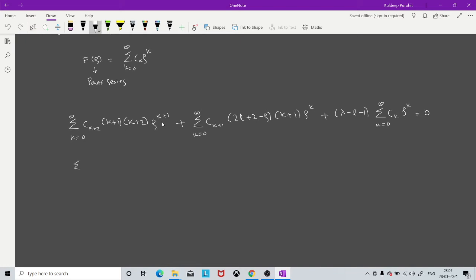I am only writing this term: the sum from k equal to 0 to infinity of c of k plus 1, since I have to subtract so that it becomes rho to the power k. So it will become k plus 1, this will become only k, and this will become k plus 1, and now this term is equal to rho to the power k. This term will be the same as this, plus this term will be the same as this, equal to 0.